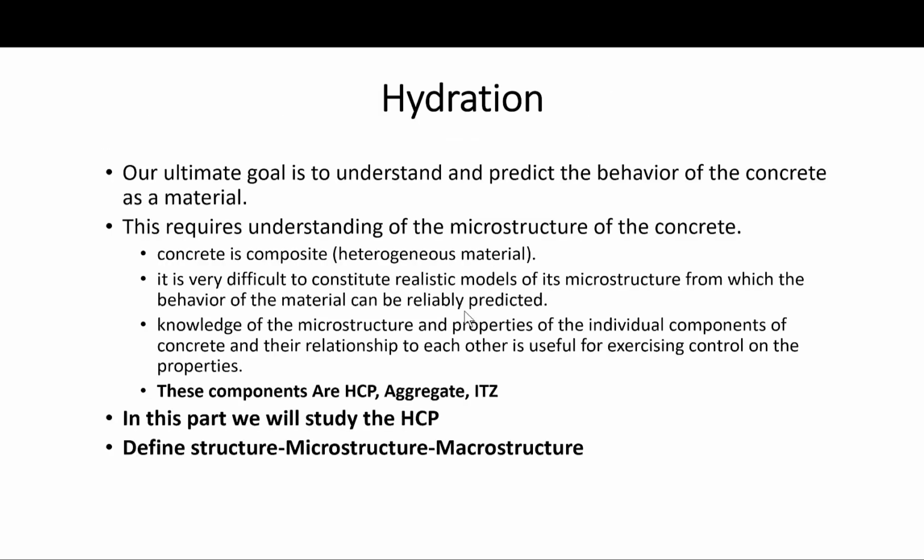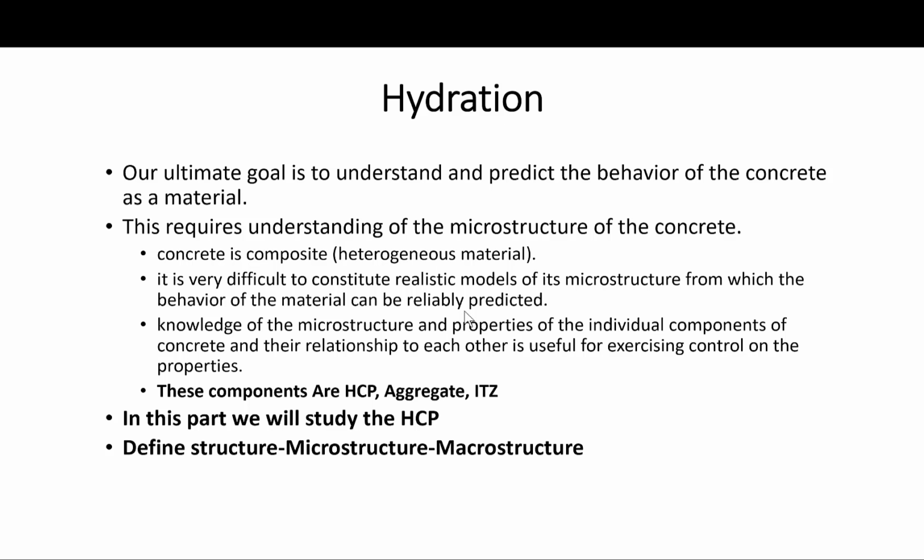Okay, so our ultimate goal is to understand and predict the behavior of the concrete as a material, of course, due to its importance, as we have seen in the introduction. This requires understanding of the microstructure of the concrete. Concrete is a composite, heterogeneous material.